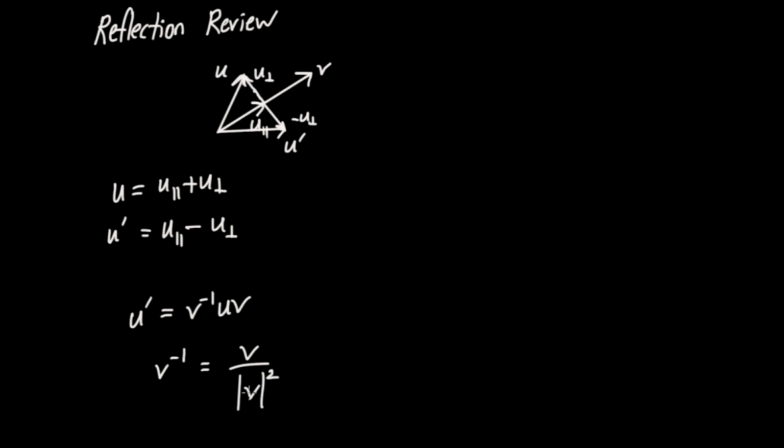Now what this formula for the inverse implies is that if you select your vector v so that it's of unit length, the length of v is equal to 1, you stick the 1 down there, we get a 1 squared, and what that means is that v inverse is the same as v. And what that means is that this formula for reflection, if you select v to be of unit length, becomes even simpler. It's just u prime is equal to vuv.